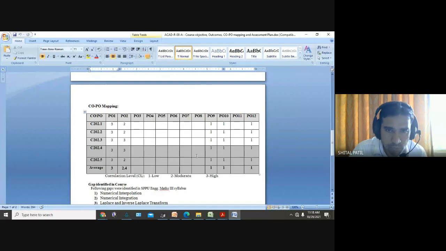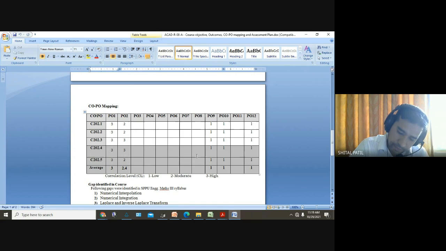C202.4 mapped with PO1 at the level 3, PO2 at the level 3 only, PO9 at the level 1, PO10 at the level 1, and PO12 at the level 1.